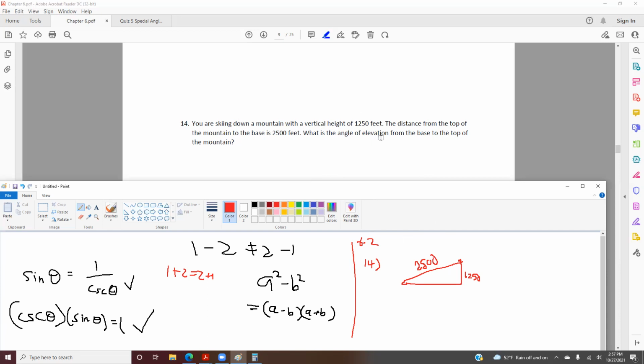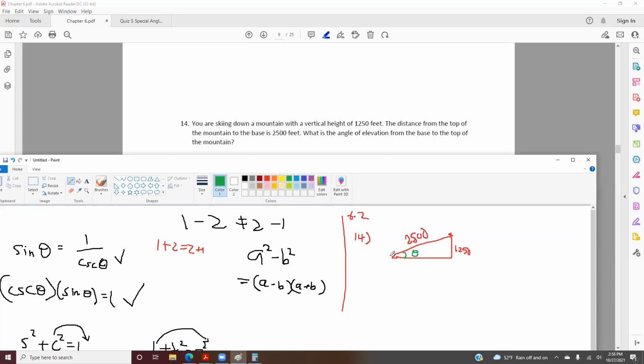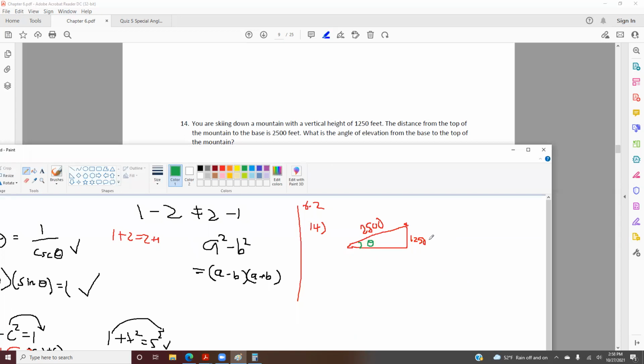Find the angle of elevation from the base to the top. So this theta is called the angle of elevation because you're looking up from the base to the top of the mountain. So this is your opposite, and this is your hypotenuse, because this is the 90 degrees here.